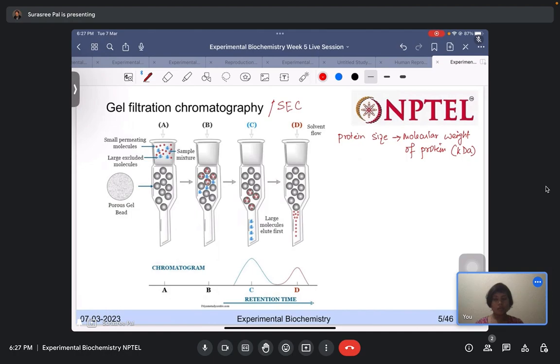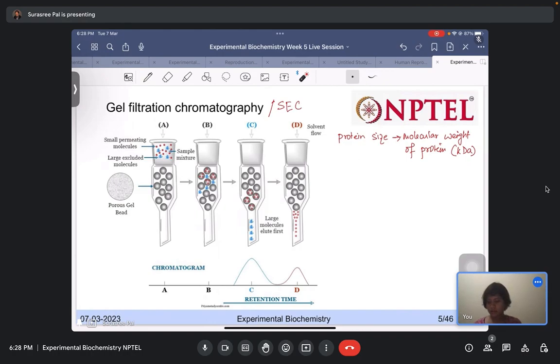So what is the principle of this gel filtration chromatography? We have a protein sample where we have proteins of multiple molecular weights. For example, there can be proteins of 20 kilodalton, 80 kilodalton, and also 200 kilodalton.